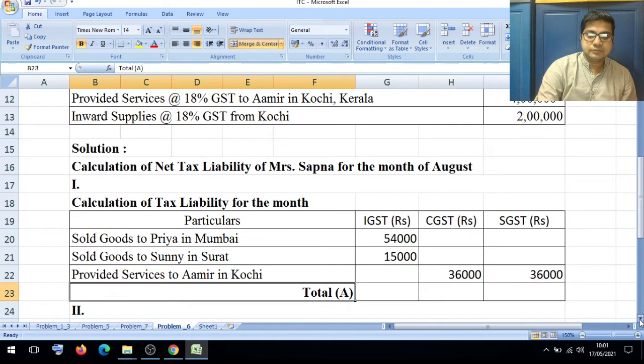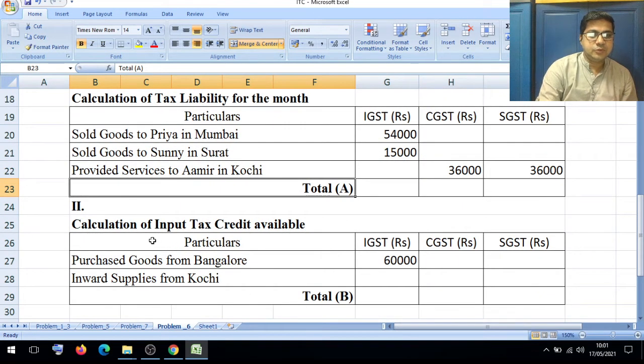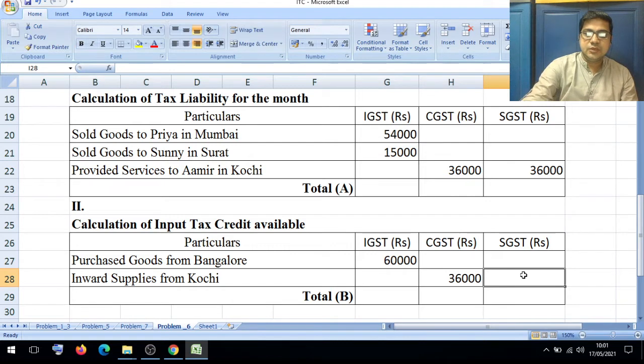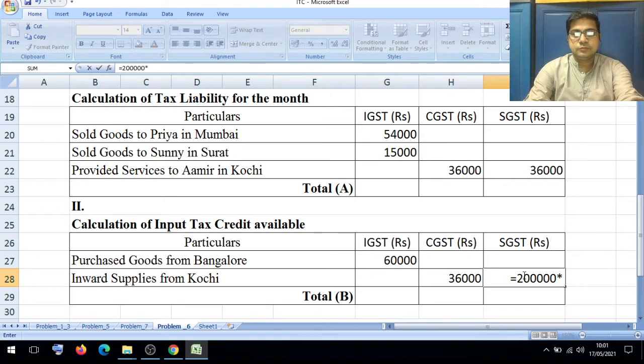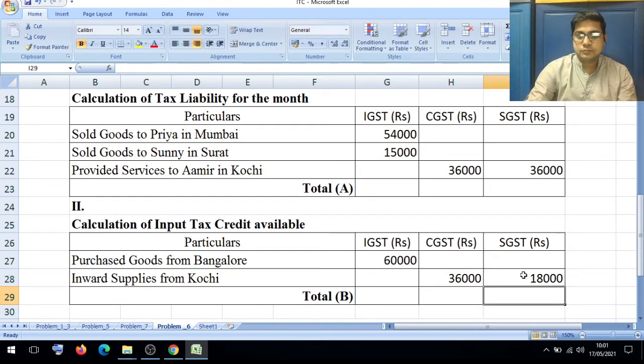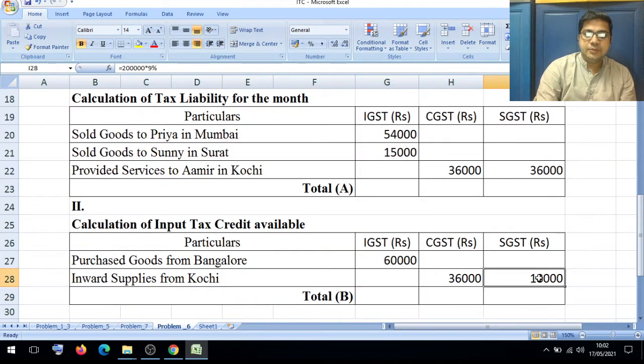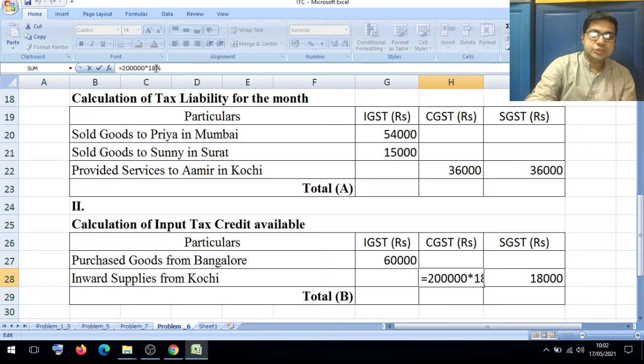Total value is 2 lakhs. We have to find out 18%. So calculation of input tax credit on that inward supply: total value is 2 lakhs, 18% is 36,000. On that 2 lakhs, 18% is there, so this will be distributed equally, 9% each, for these particular taxes.